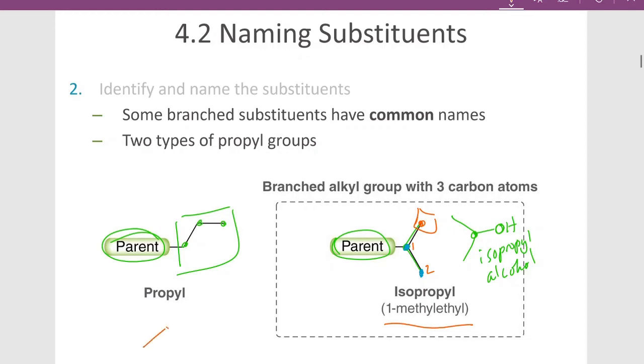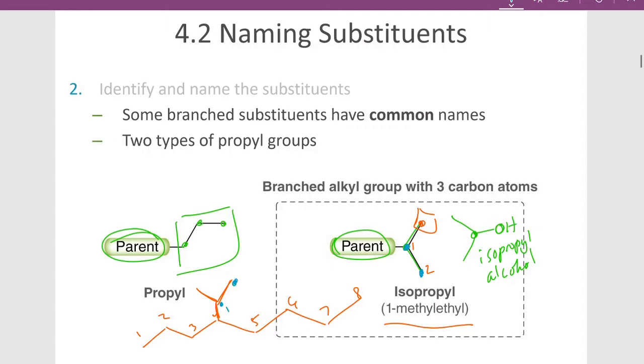So for example, let's say I'm going to draw a long chain here. So this is a 1, 2, 3, 4, 5, 6, 7, 8 carbon chain. So let's say at carbon number 4, I attach this isopropyl group. Okay, so now let's number that isopropyl group.